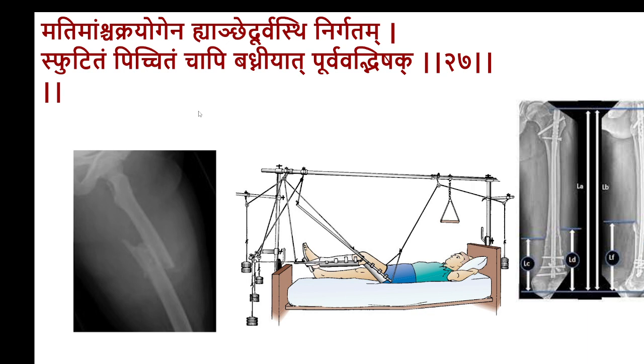The chakra yoga is splinting using skeletal traction, where you use a pulley. Chakra is a pulley, a wheel, which is used for putting the weight. Though Sushruta has not given the description of the angles and the finer details, the summary is that in chakra yoga, constant traction is applied with a wheel.